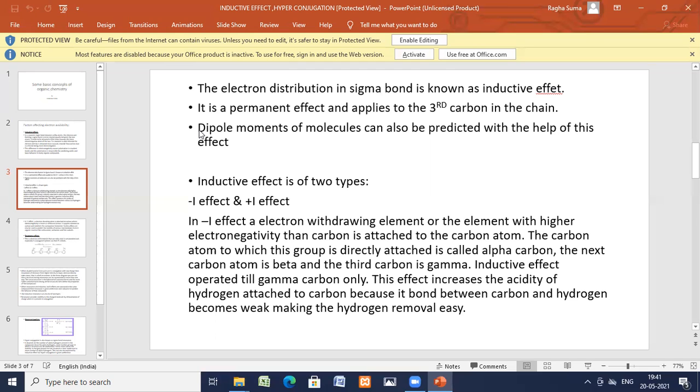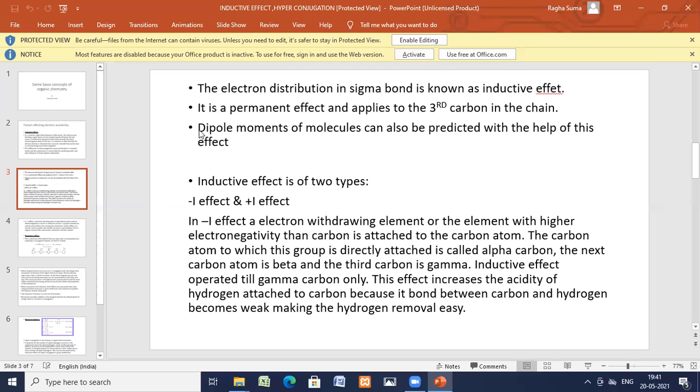So this effect is the electron attracting inductive effect, or you can call it the minus I effect. This effect decreases as it moves away from chlorine and gets stopped at C4.